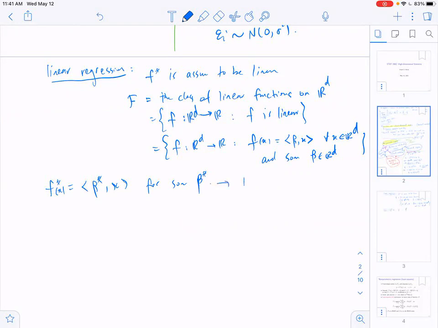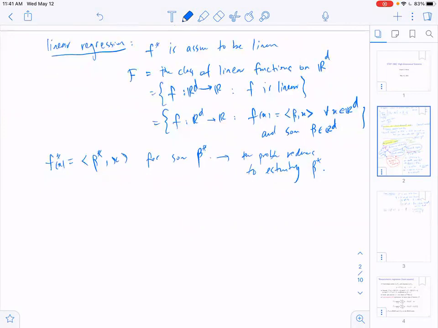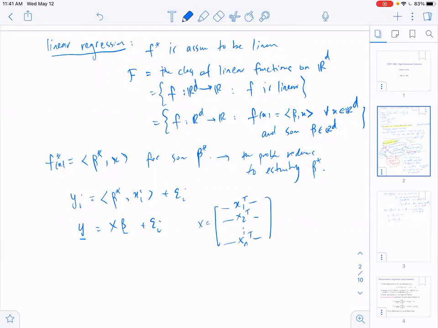And then the problem reduces to estimating beta star. What you get is yi = beta star xi + epsilon i, which you can write as y = X beta + epsilon if you put these as rows. So you observe a sample of size n, i from 1 to n.